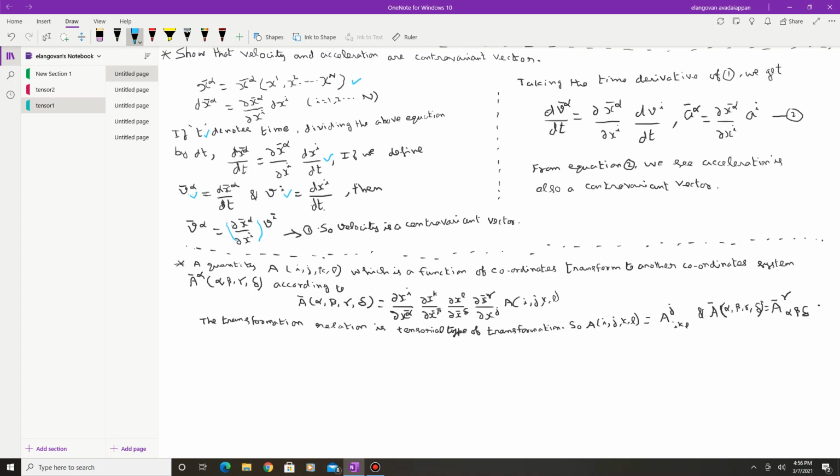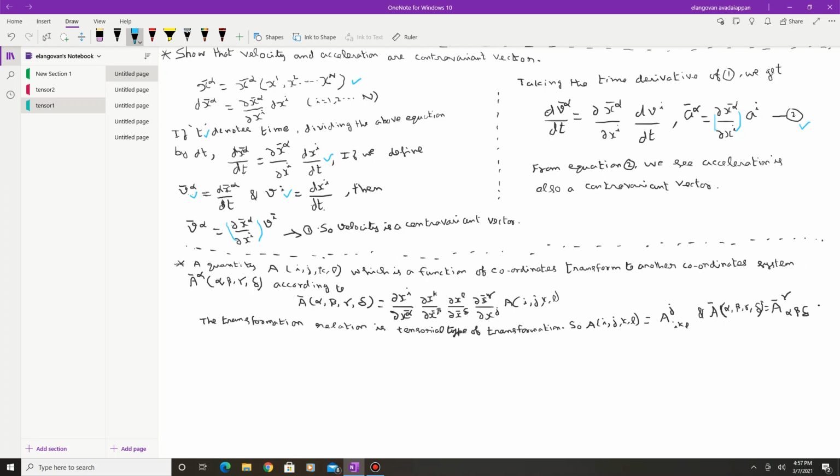So a alpha bar is equal to partial dx alpha bar by partial dxi times ai. Again the transformation relation tells you that these components ai and a alpha bar are contravariant vectors.